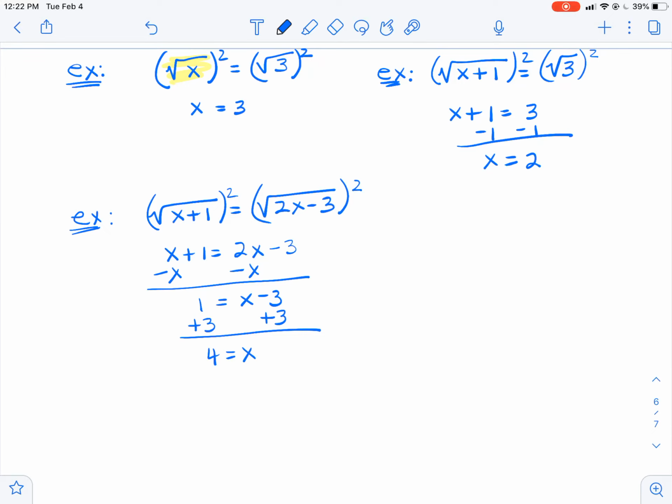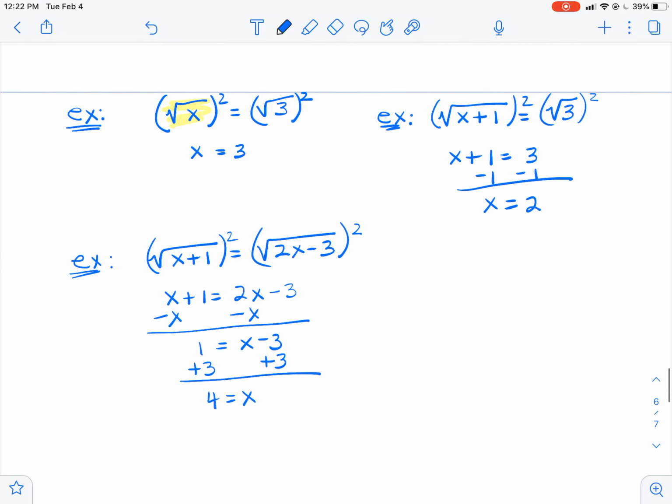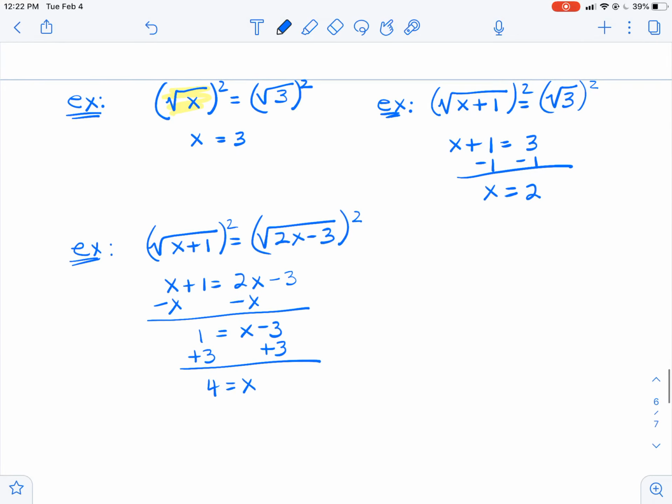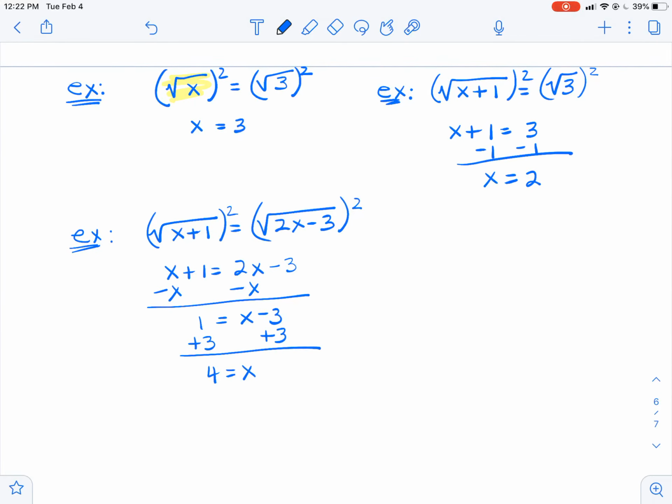Now, when you start getting them where they are, especially the radical equal to the radical, not so much on the first two because they were equal to numbers, but especially when I get to this third one, you do need to always check because it is possible that we could get, again, our extraneous roots. Remember, extraneous roots are answers that we get, but once we put them back into the equation, they don't actually work.